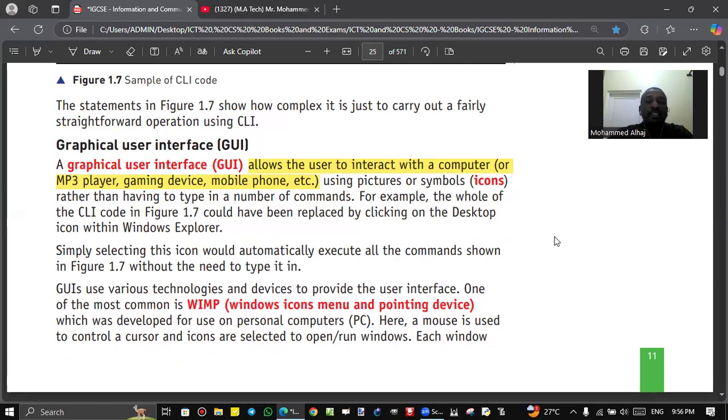This interface is more user-friendly because we do not need good knowledge about using commands and instructions, since it's a graphical, icon-based interface.